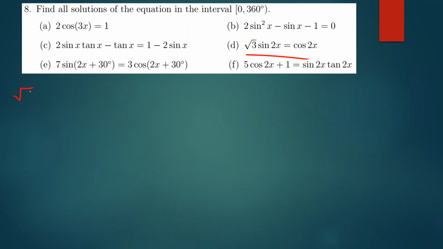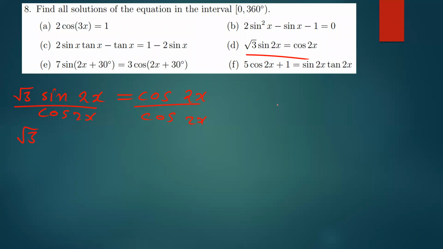So we have the root of 3 sine 2x is equal to cos 2x. So this one is simple and straightforward. Let me start first by dividing by cos 2x.